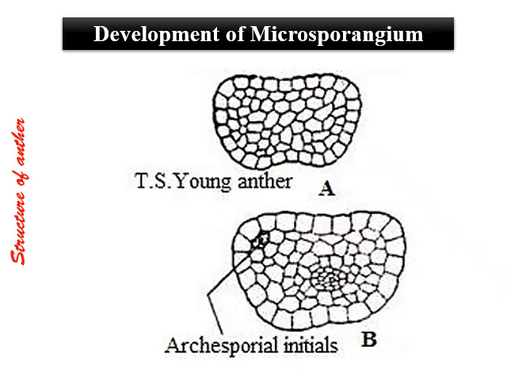These archesporial initials divide and give rise to two different kinds of cells: primary parietal cells towards the outer side and primary sporogenous cells towards the inner side.